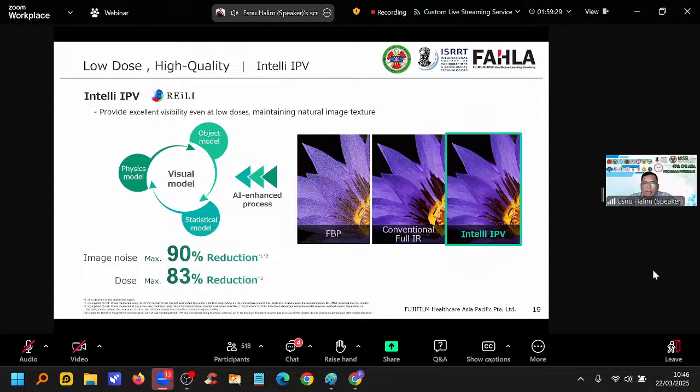But when you apply this smarter iterative reconstruction method, which uses visual modeling, you can see that the image will appear like what you would capture with a digital camera. So it's sharp, it gives shadows, it gives the real natural texture of the image.